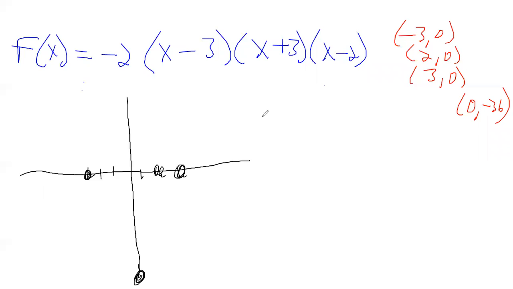And I know this is a third-degree equation, and that it's reflected around the x-axis, so I know the long-run behavior will look like this. All I got to do is put a curve through these points and match that ending behavior. So I'm going to come down like this, pass through that, come down to that y-intercept, and come up.